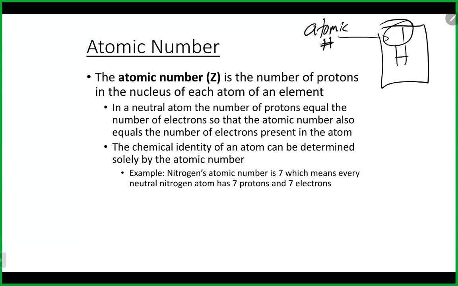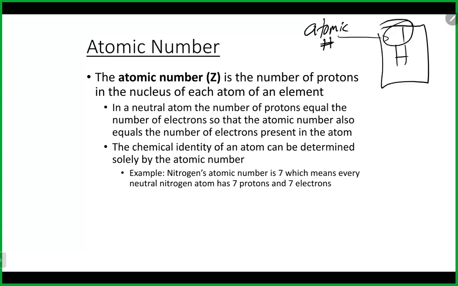That means when we think about our 3: protons, electrons, and neutrons, which one is the most important in terms of what element? It is protons, which is the atomic number. The number of protons tells you what element you're dealing with.